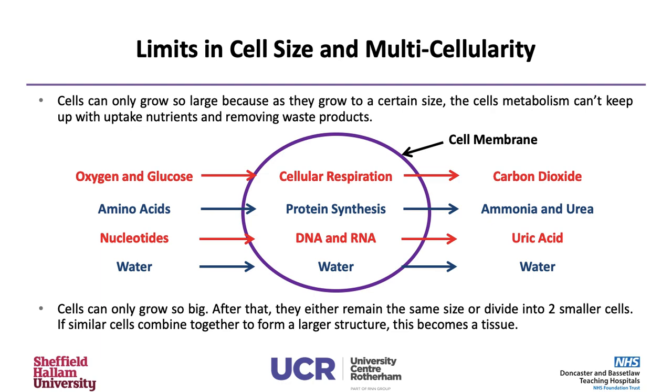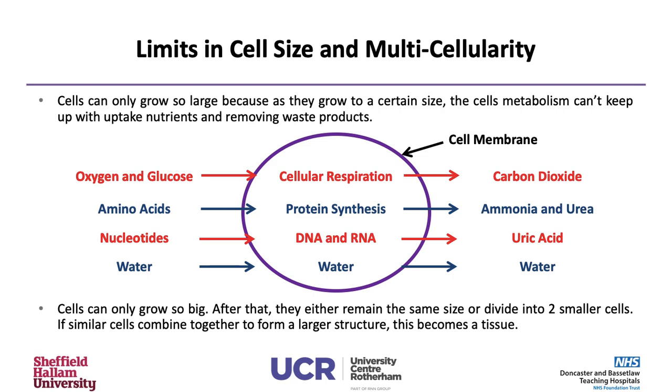Cells can only grow so large before they either have to stop growing or divide. Basically that's because the cell's metabolism can't keep up with taking up nutrients and moving waste products. A basic example of this is us as humans: at the age of around 21 we stop growing.